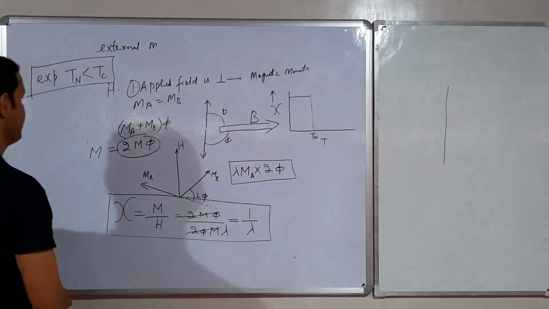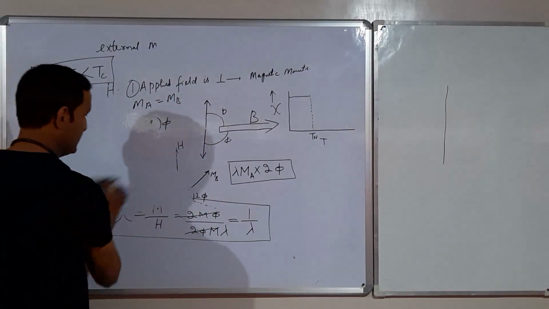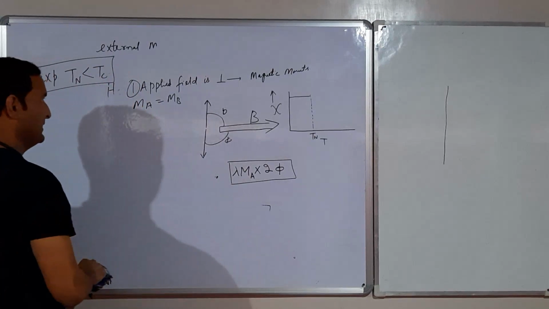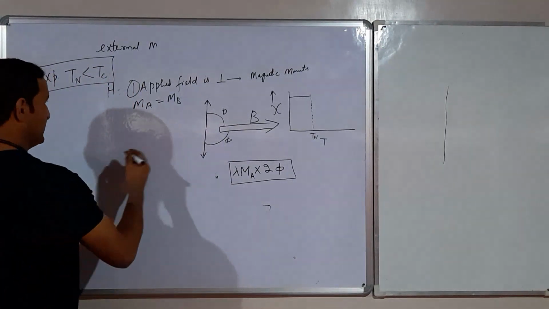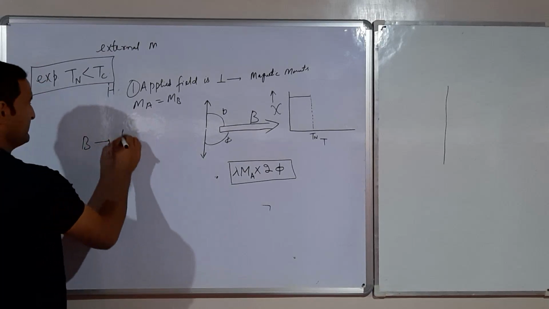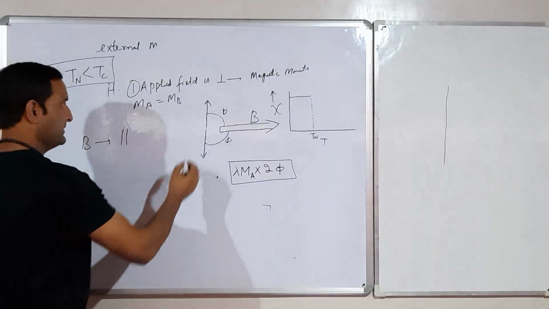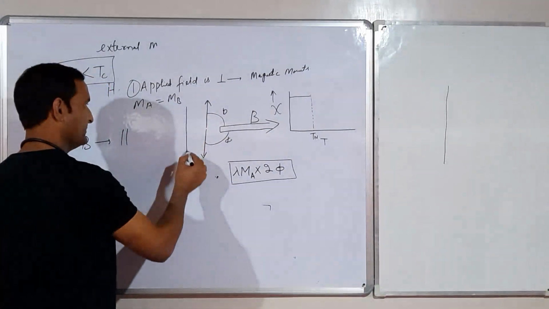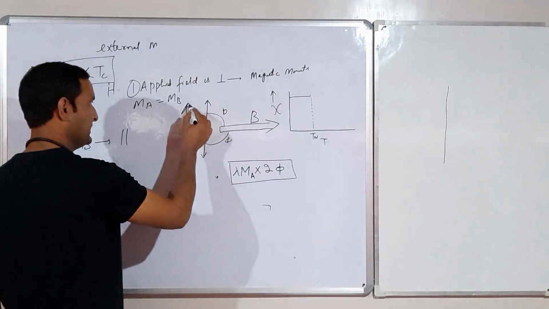Now, if the magnetic field is applied in the parallel direction, that means the magnetic field is applied in this direction.